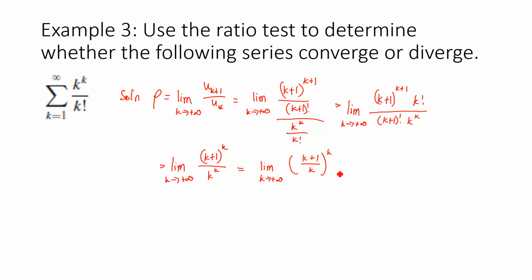In this case, this can be rewritten if we are going to divide the numerator and express this with a separate fraction, then you have the limit of 1 plus 1 over k quantity raised to k as k approaches positive infinity.